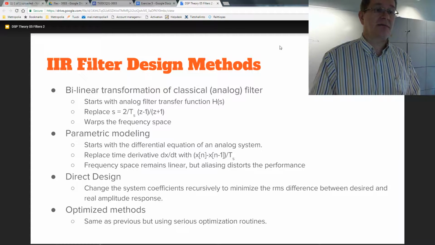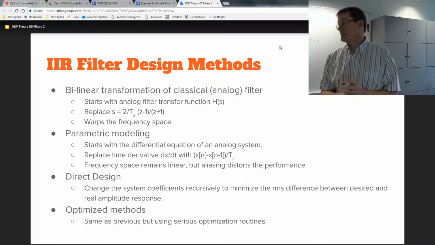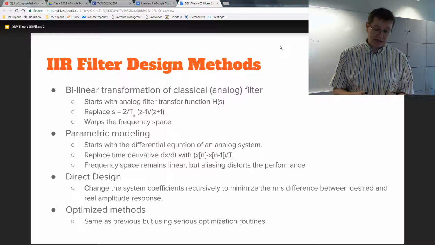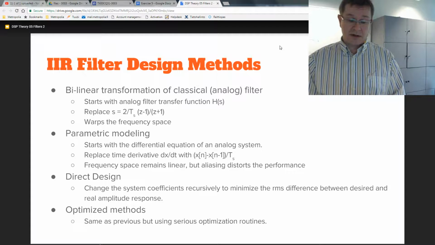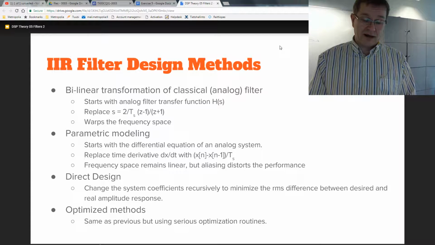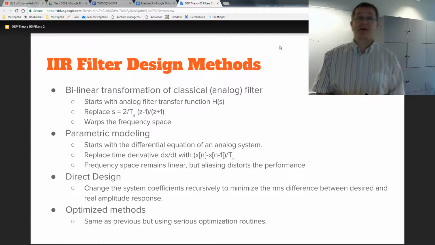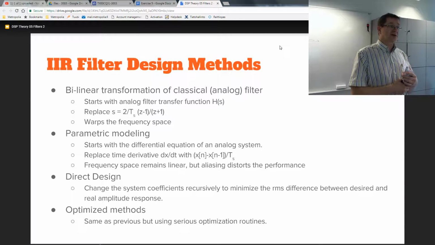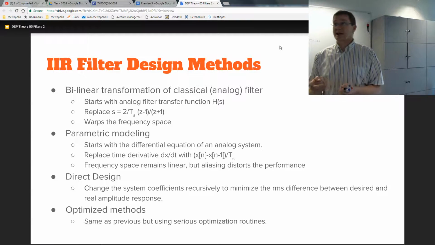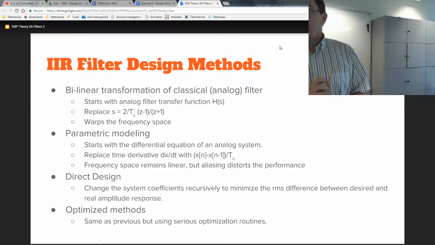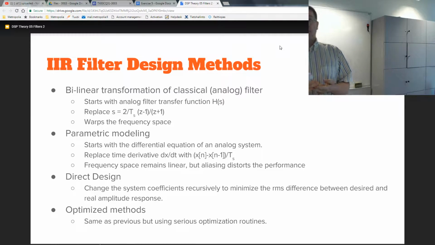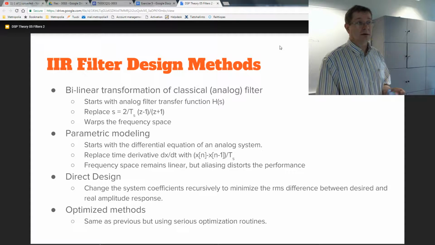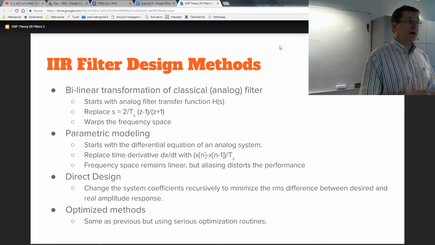The first IIR digital filters were based on analog counterparts. Those are the classical analog filters like Butterworth, Chebyshev, elliptic, which probably you haven't heard of.